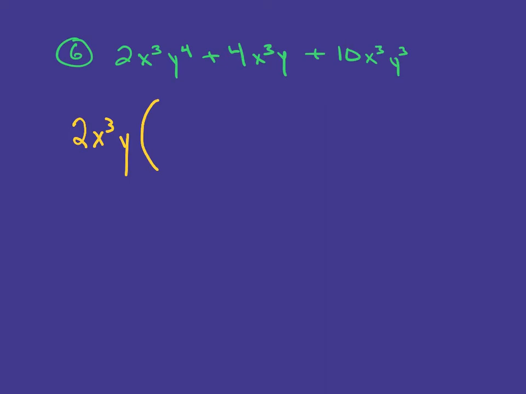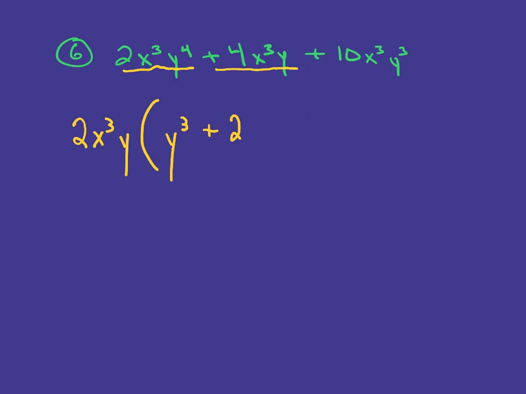We took 2 out of this first term. We took 3 x's out, so no x's left. We took 1 y out, so that leaves 3 of them. Moving on to the second one, we took 2 out, so 4 divided by 2 leaves us with 2.